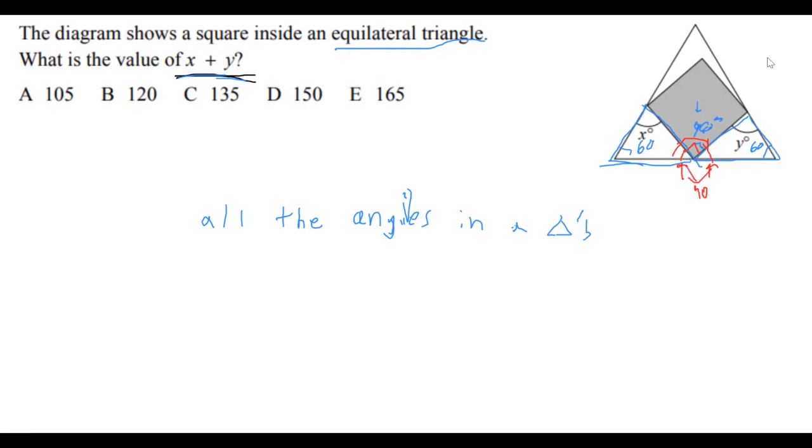Now, what happens if you add up every single angle in both of these two triangles?